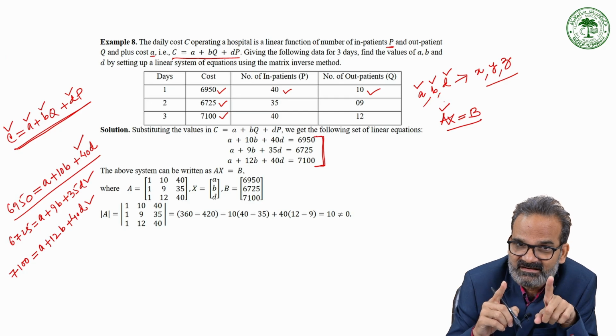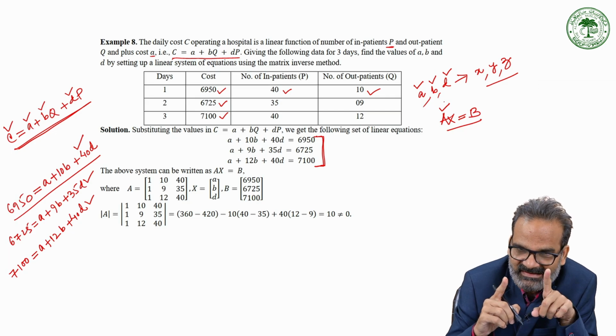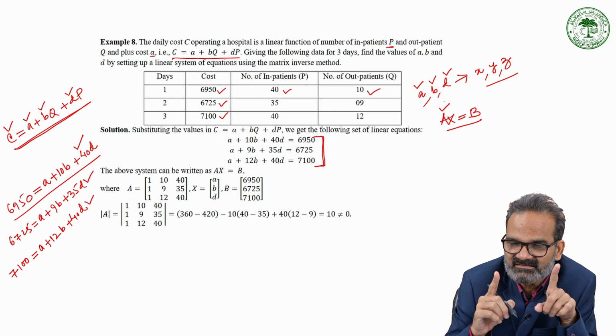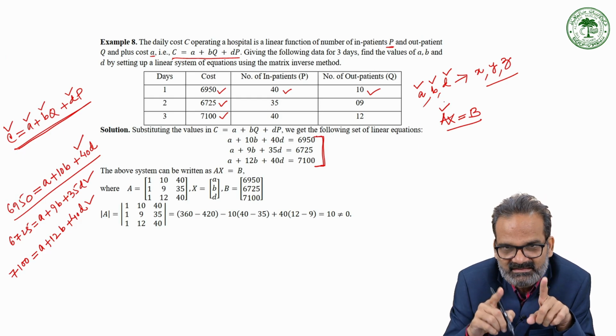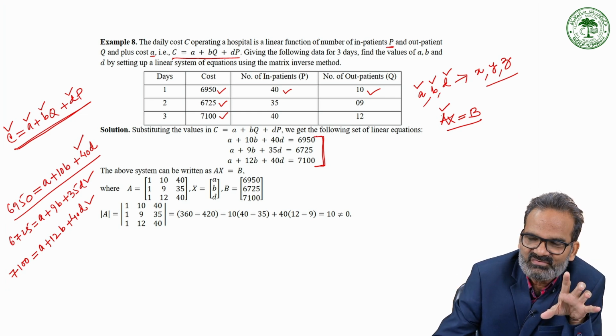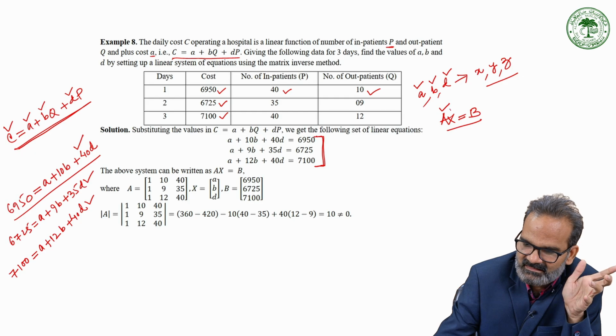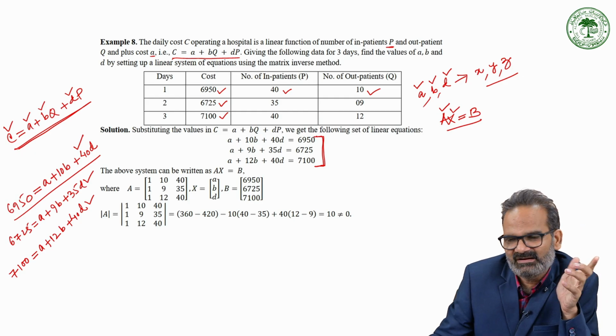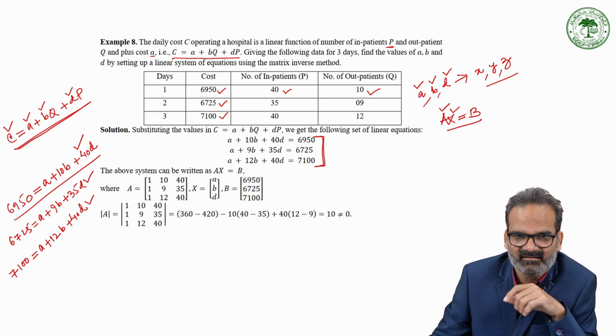Here A is the matrix of the coefficients of the variables A, B and D, because in these 3 equations the variables are now A, B and D, not X, Y and Z. And B is the constant quantities lying on the right hand side.